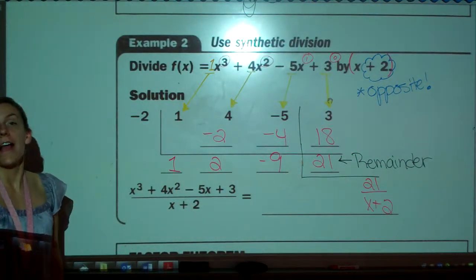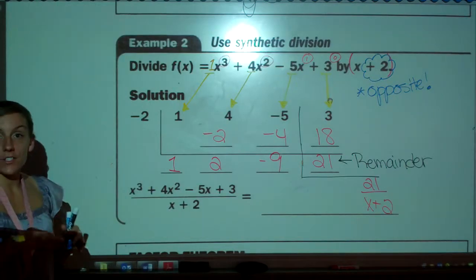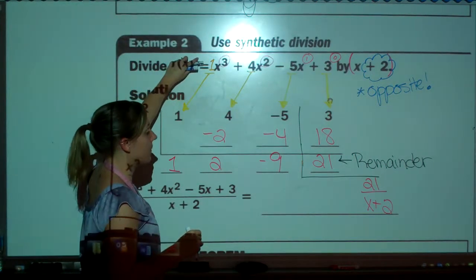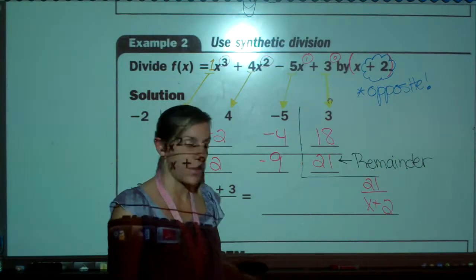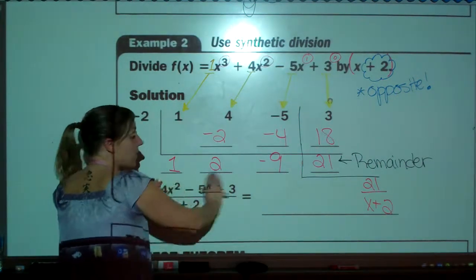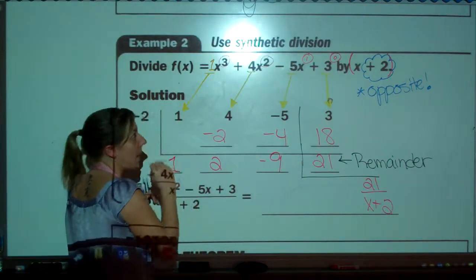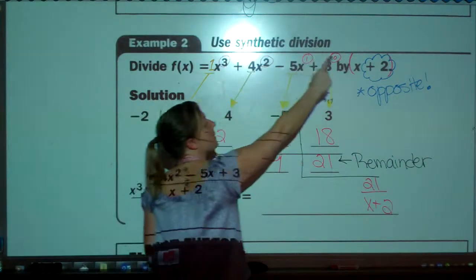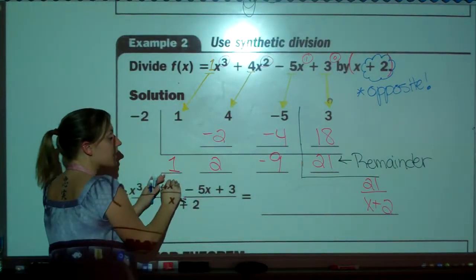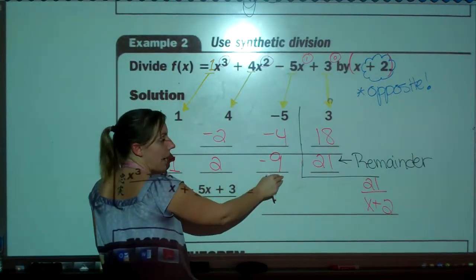Now our answer has to go back into a polynomial. We started with a polynomial, so our answer has to be written back as a polynomial with x's and x squareds and stuff. But these are the numbers of the answer. So, because we started with an x cubed, but we divided by an x, that actually means that this lowers each of the powers, okay?